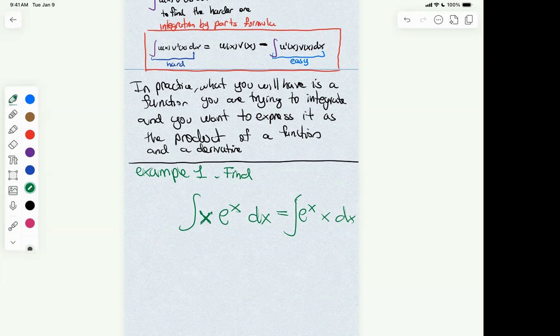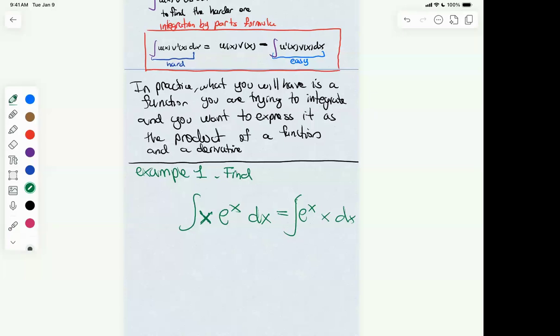But if I had written it the other way, you could have said this one has to be u and the other one has to be v prime. So what I'm trying to say is that what gets called u and what gets called v prime is determined by what makes your life easier, not by which one appears first, because you can rewrite a product in different orders. The choice has to be made in terms of simplifying your life, not making it harder.